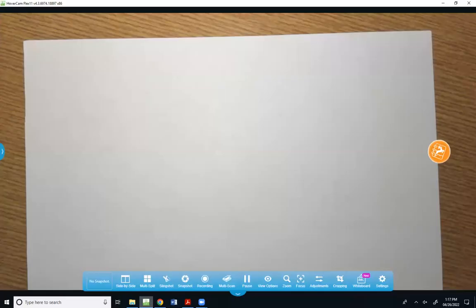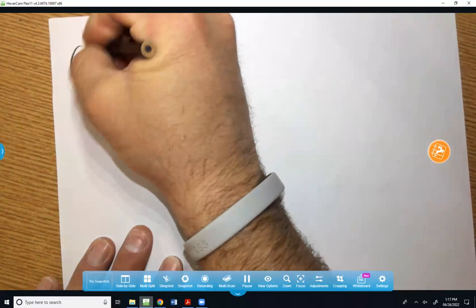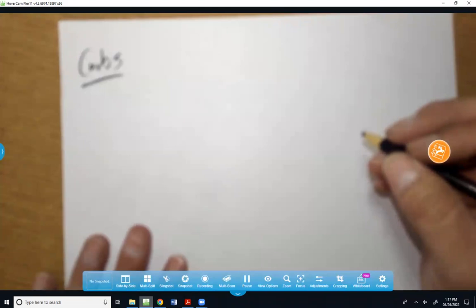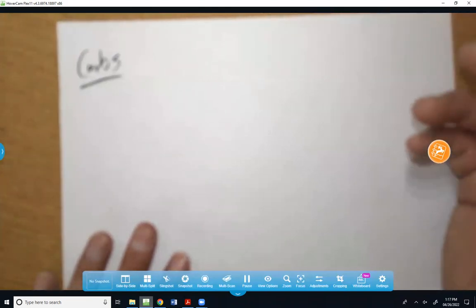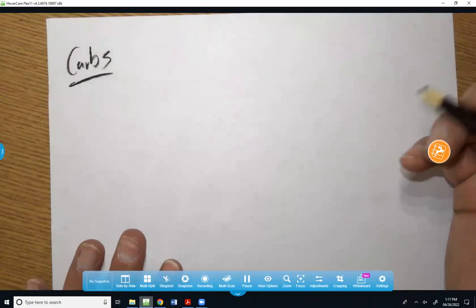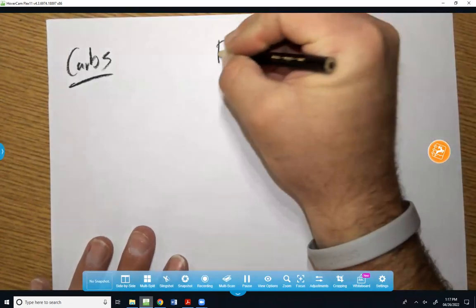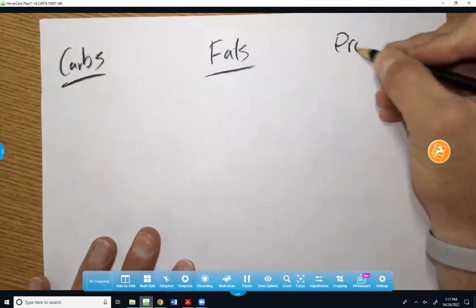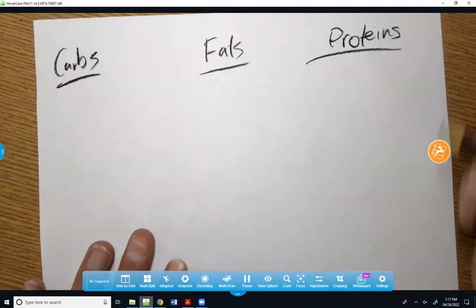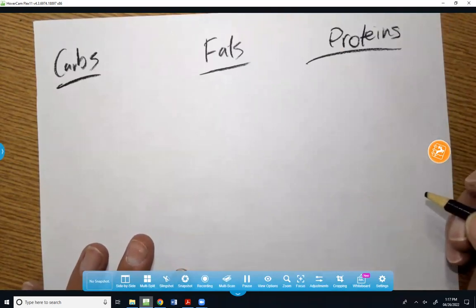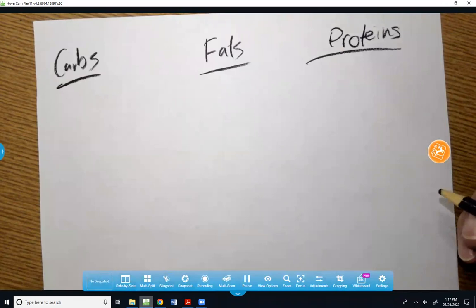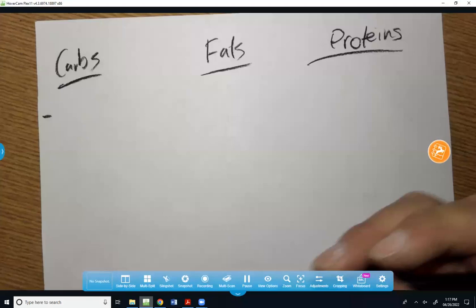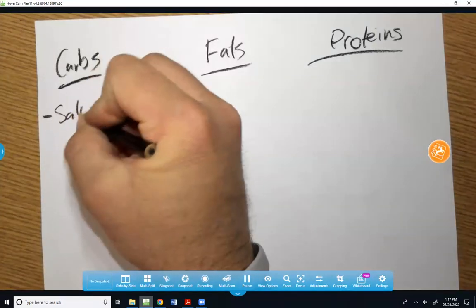All right, let's start our list. What we're going to do is keep a tally on the different enzymes and substances that help us break down our 3 fuel nutrients. If you don't remember our 3 fuel nutrients, those are carbs, fats, and proteins. The first for carbs is salivary amylase.